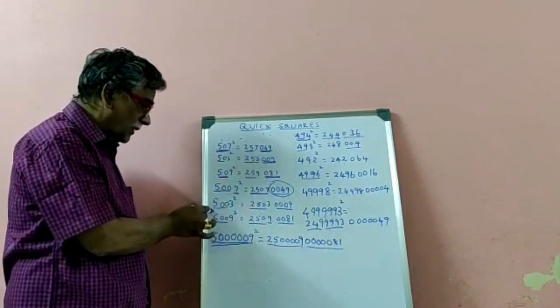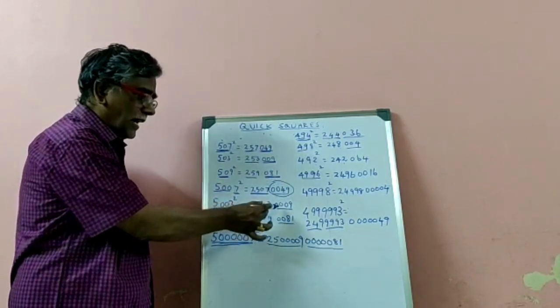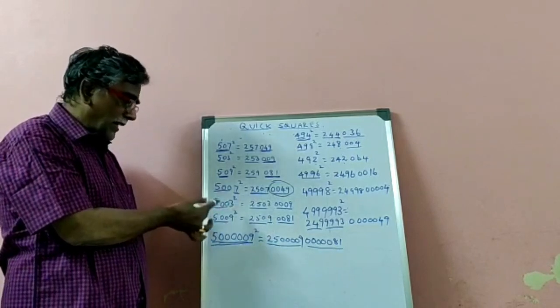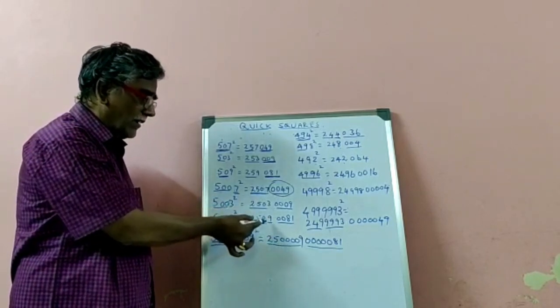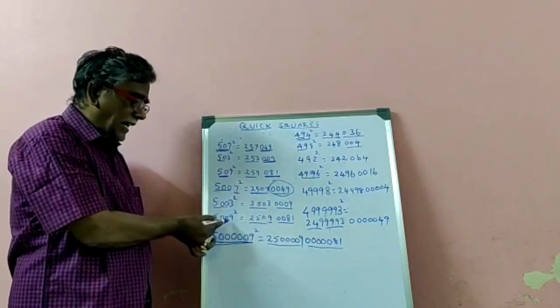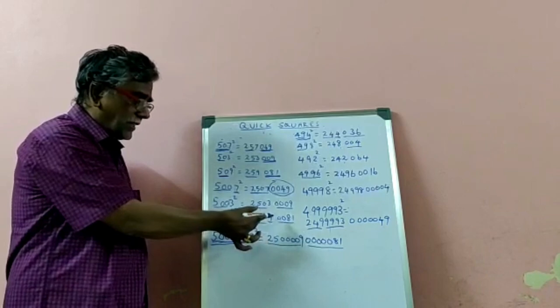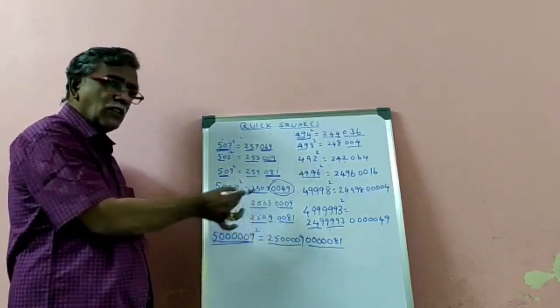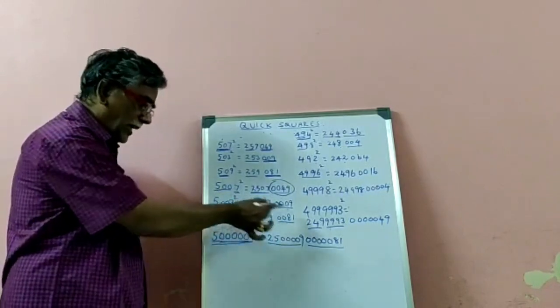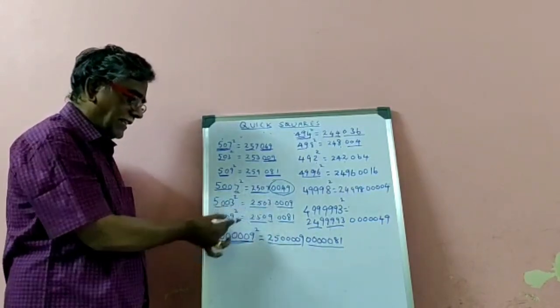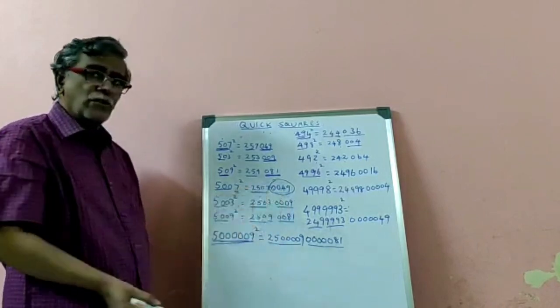So 5003 square is 2503 and then 0009. The last one is 5009. 5009 square is 2509 and 0081. How? This one is 9 greater than 5000. The last part is 0081, which is also in 4 digits. And then 500 divided by 2 is 250, and write 9 as it is: 2509 and then 0081.